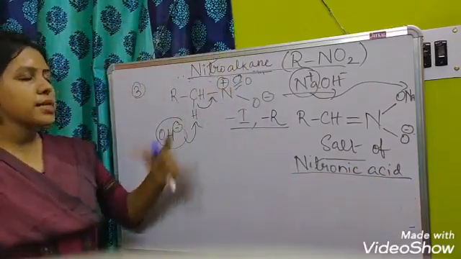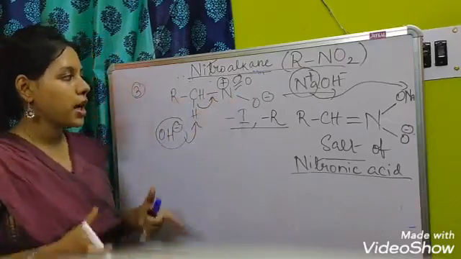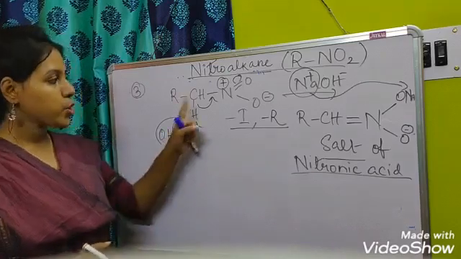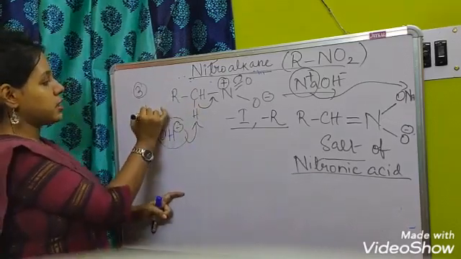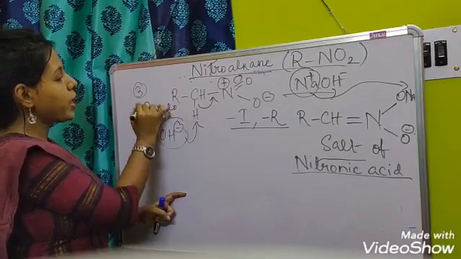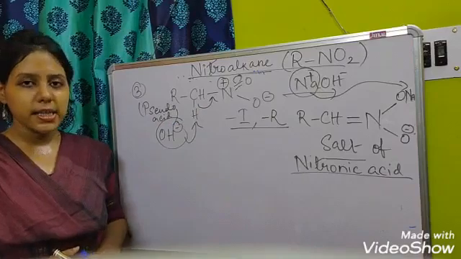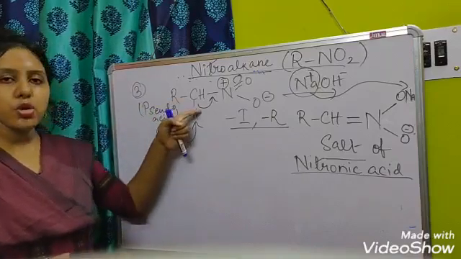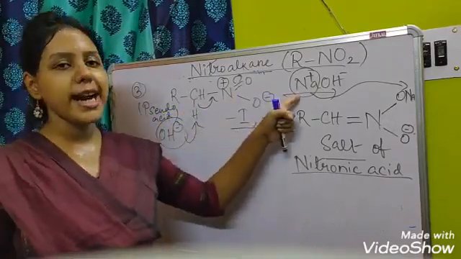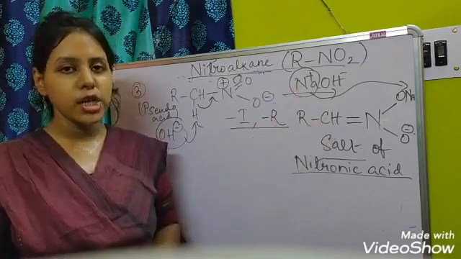So this was one type of reaction, whenever it tries to react like an acid. This is called a pseudoacid, because though it is a very weak acid, it still acts like an acid. So whenever it reacts with a very strong base like NaOH, it makes a salt here.